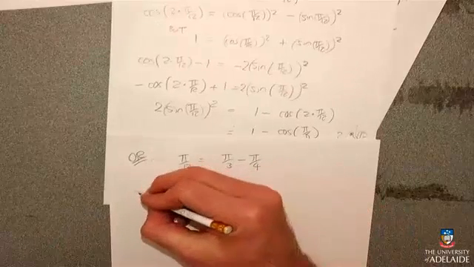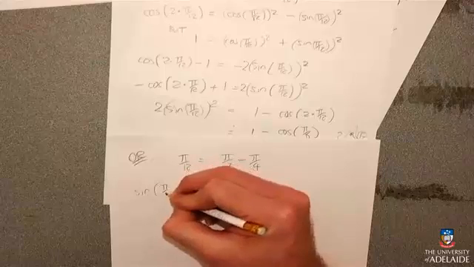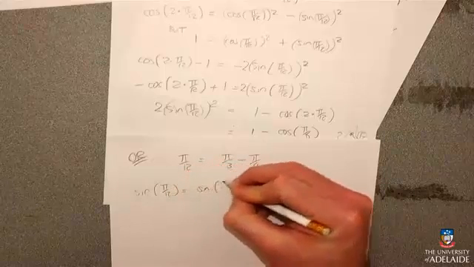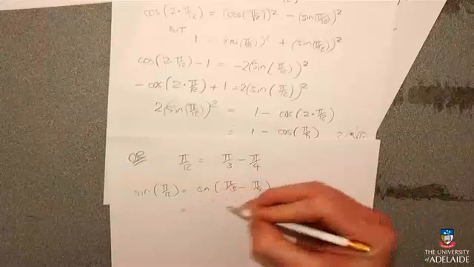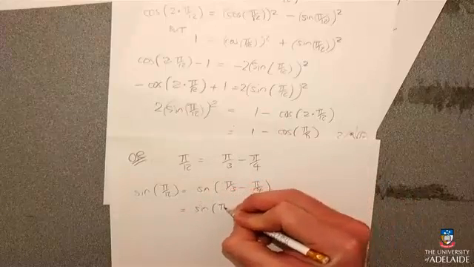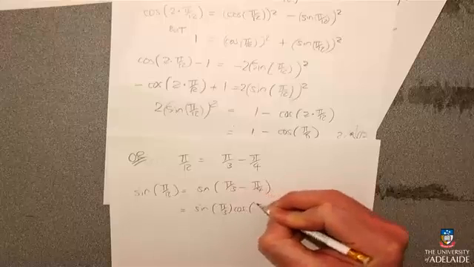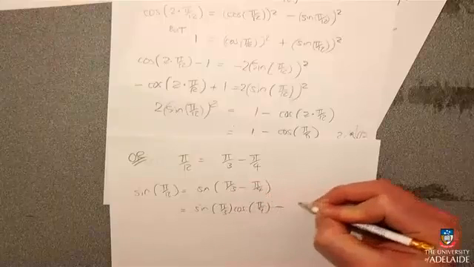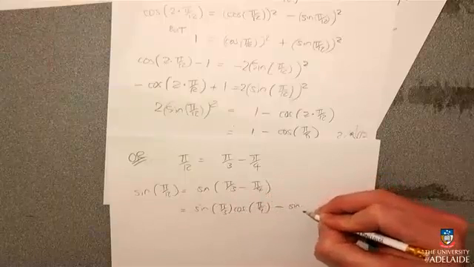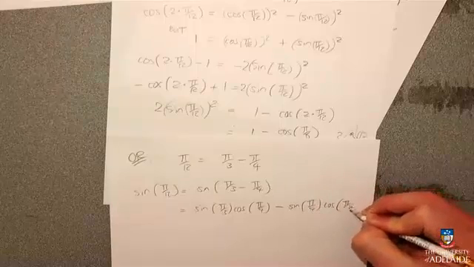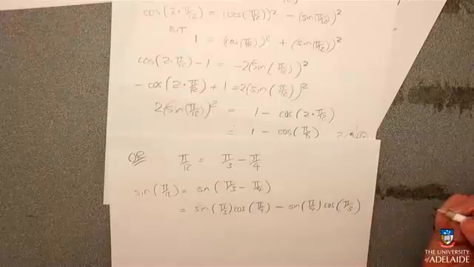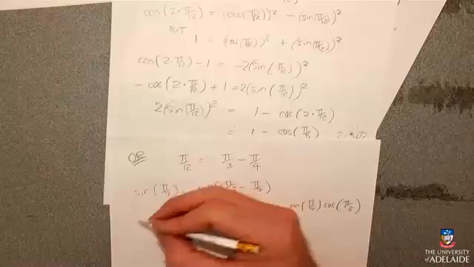And so you're going to say that sine of pi on 12 is sine of pi on 3 minus pi on 4, which according to the identity should be sine of pi on 3 cos of pi on 4 minus sine of pi on 4 cos of pi on 3. Like that? Good, okay.